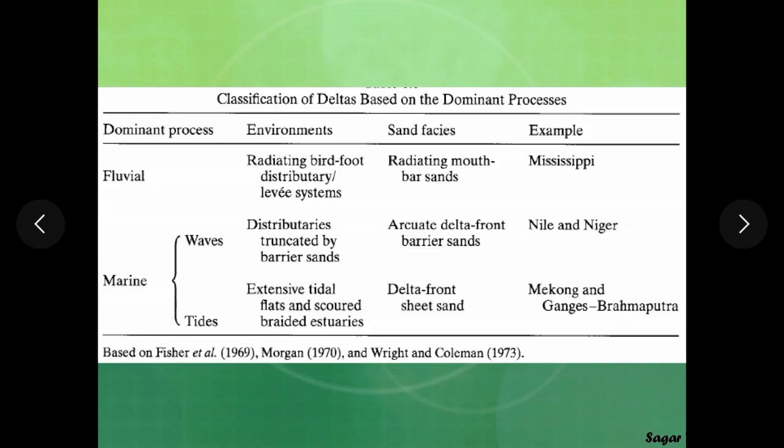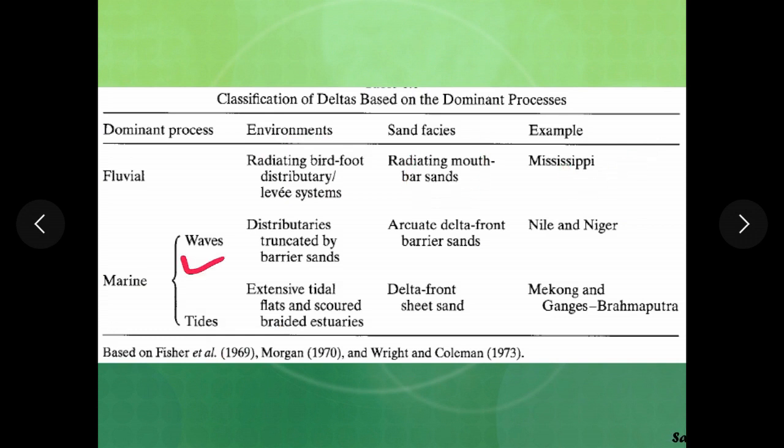Now this is the classification of deltas based on the dominant processes, the same thing that we have seen just now. And the dominant processes are fluvial process and marine processes, that is waves and tides. So when the fluvial process is dominant, you get to see a radiating bird foot delta, where the sand facies is in the form of radiating mouth bars, and the example is Mississippi Delta.